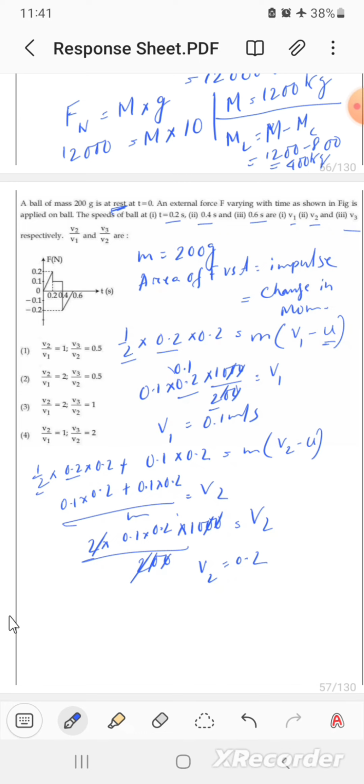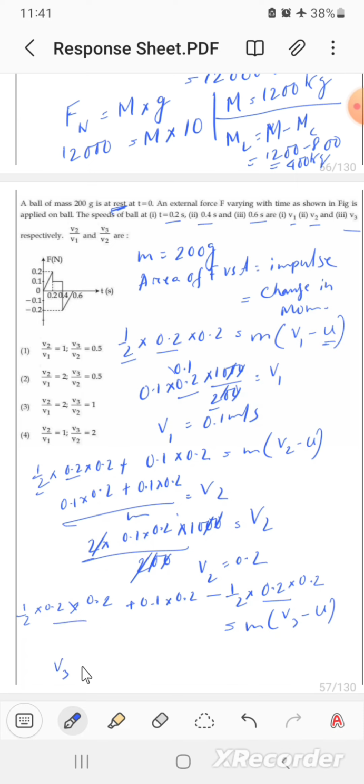So total we get half into 0.2 into 0.2 plus 0.1 into 0.2, and the area of this portion minus half into 0.2 into 0.2 equals, again, the change in momentum, v3 minus u. Here you can see these two parts cancel each other.